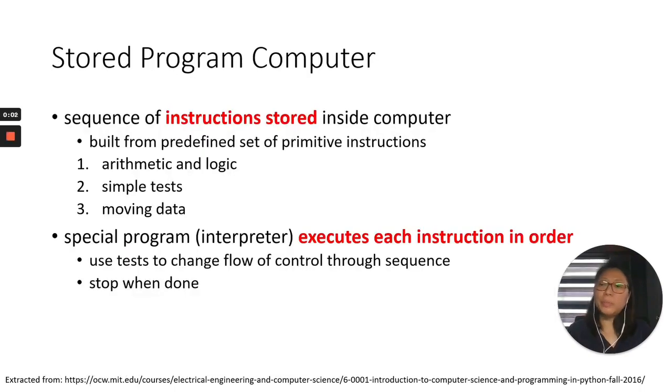The stored program computer contains sequences of instructions. The primitive operations it can do are addition, subtraction, and logic. It can do simple tests, such as is something equal to or greater than something else. It can move data, like store data. And special programs such as an interpreter, for example the Python interpreter, control how these instructions are executed.